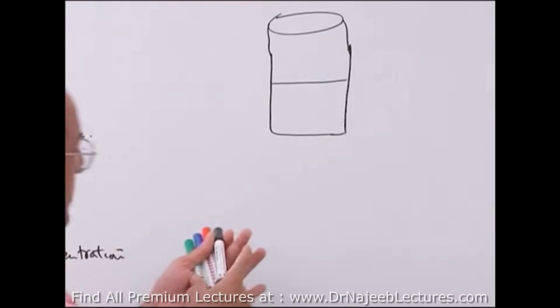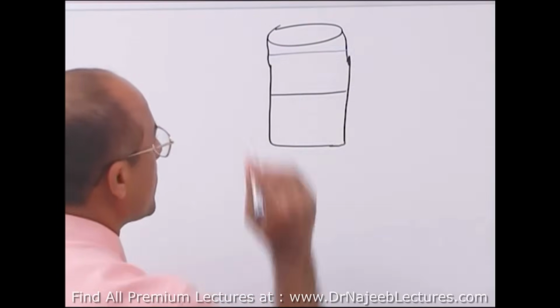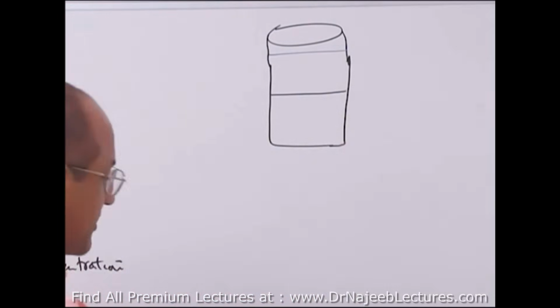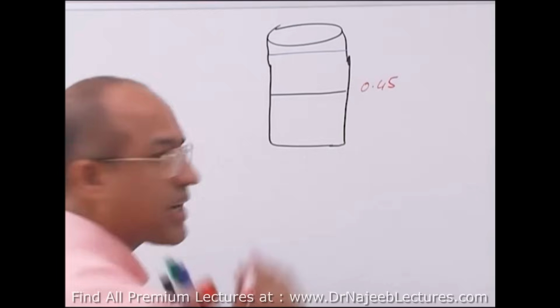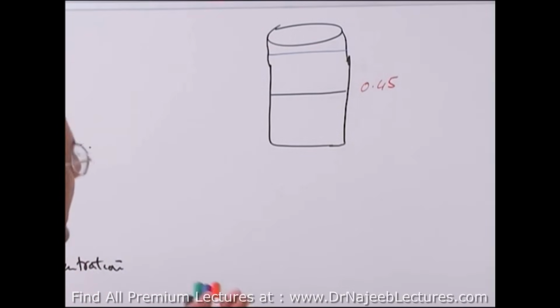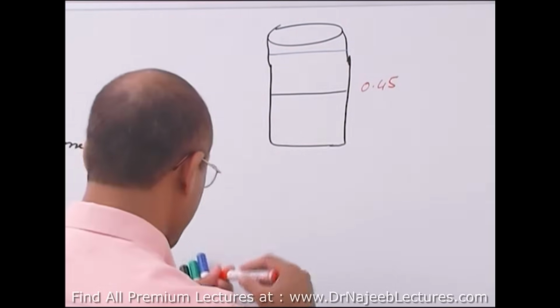This was our total blood volume, right? We decided that packed cell volume in our patient was 0.45 liter per liter. And this was made mainly by which cells? Red blood cells. Let's suppose I'm putting the red blood cells here.